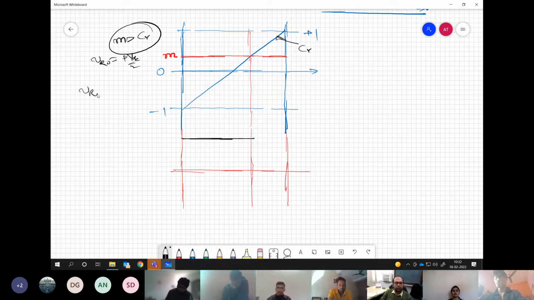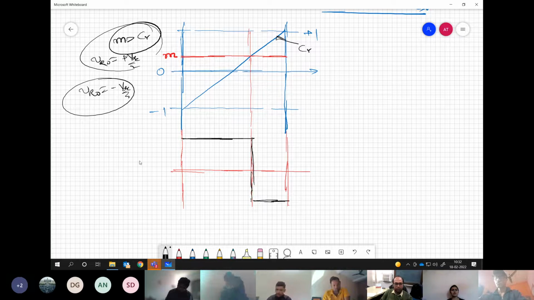Otherwise, we have VRO equal to minus VDC by 2. These are only two options. So simple, like a DC-DC converter, we know that. So this is what the output waveform will be generated, corresponding to this kind of modulating signal.